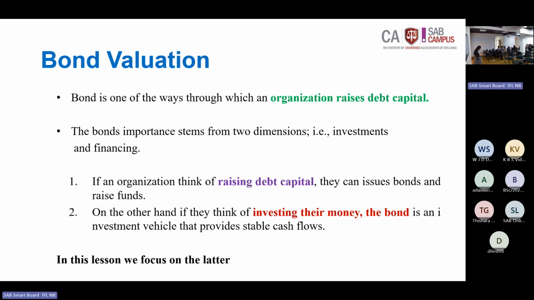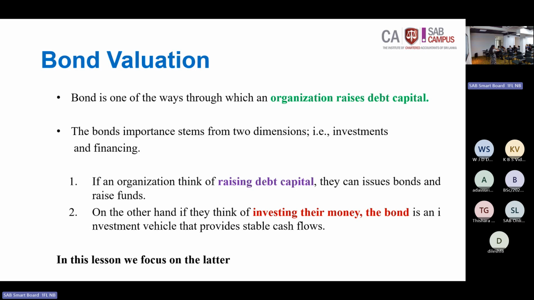Okay. The bond valuation. From the company side, the company can issue the bonds, and thus they can collect the cash. Meanwhile, if they have extra funds, they have the chance to invest in another company, or else another company will issue the bonds.